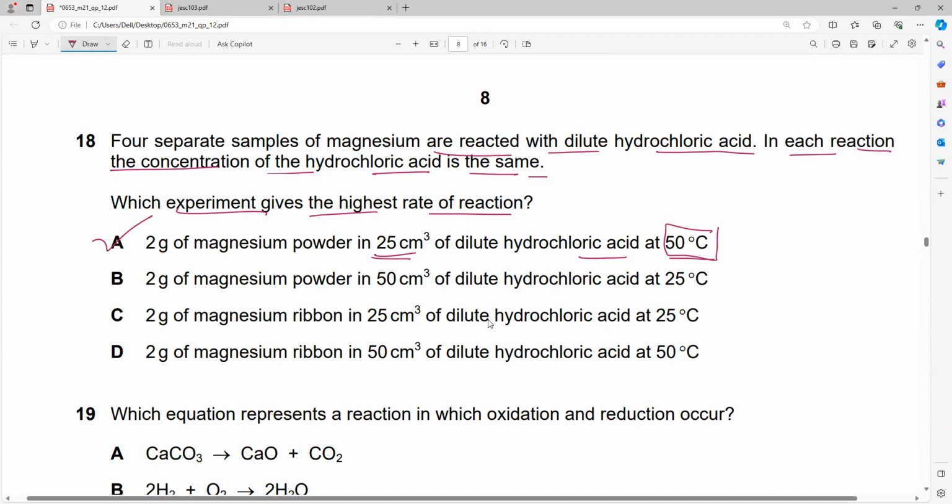Second option, 2 grams of magnesium powder in 50 cubic centimeter of dilute hydrochloric acid at 25 degrees. So here the acid temperature is less. Then 2 grams of magnesium ribbon, so it is like a lump, so no faster rate of reaction. That's what you have to remember. So option A is the correct one.